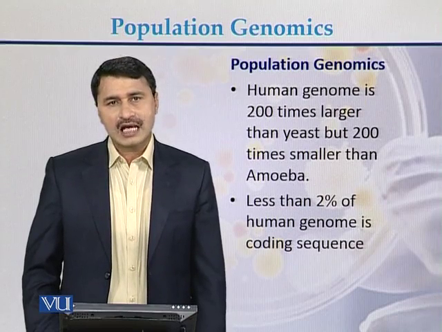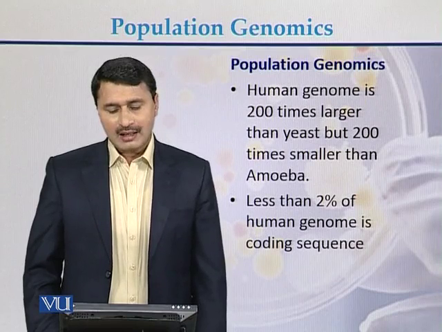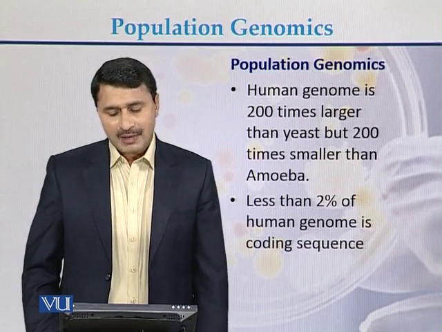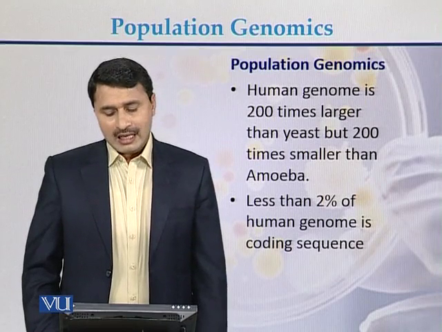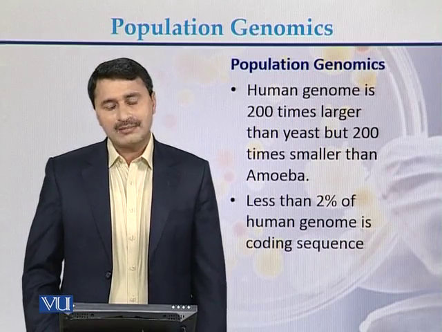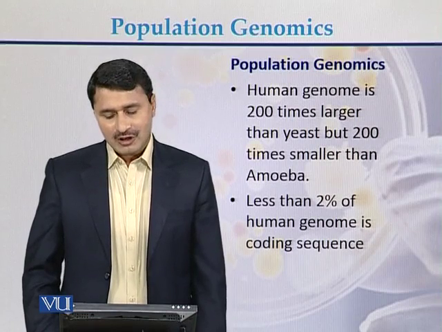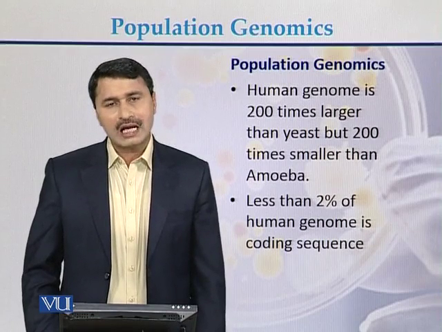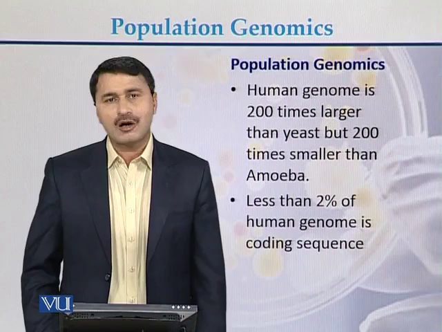Like if we take the example of humans, the human genome is approximately 200 times greater than that of yeast, while it is 200 times smaller than that of the amoeba.